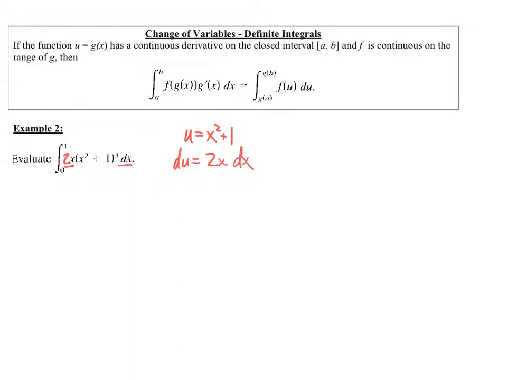So I need to put the 2 in there, and multiply by 1/2 on the outside. So now we have 1/2 integral of x squared plus 1 cubed times 2x dx, and that's from 0 to 1.